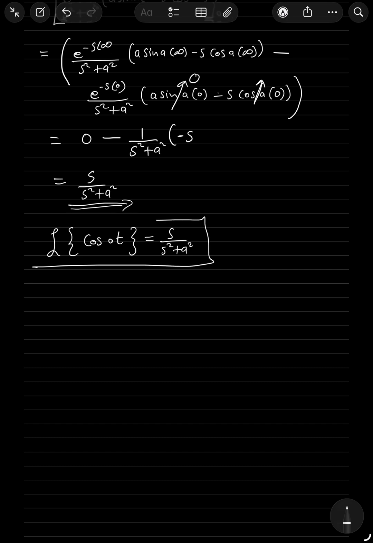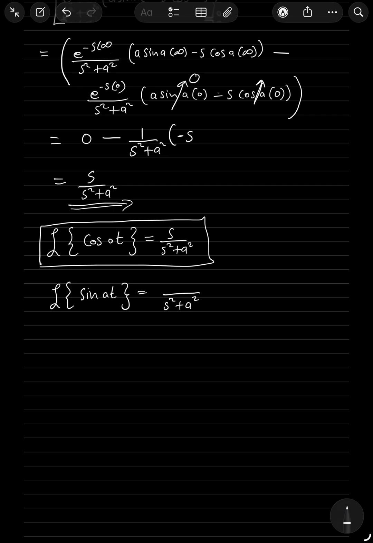So again, you need to remember this expression: the Laplace of a cos function is equal to s over s squared plus a squared. The same thing, if you want to find the Laplace of sine at, they have the same denominator, s squared plus a squared.